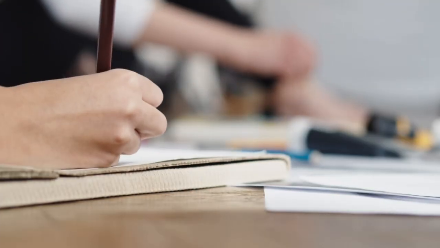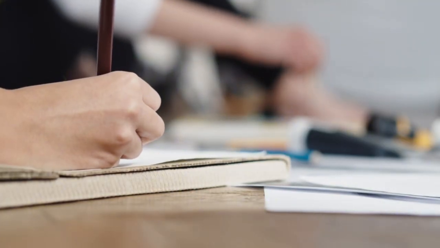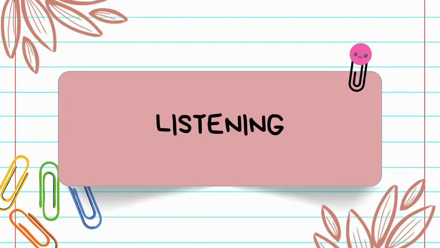Now let's break down every subtest. Number 1, listening. It has in total 40 questions, and it takes approximately 40 minutes. You have 3 parts: Part A, Part B, and Part C. Part A is 2 consultations, filling in notes, very detailed focus.